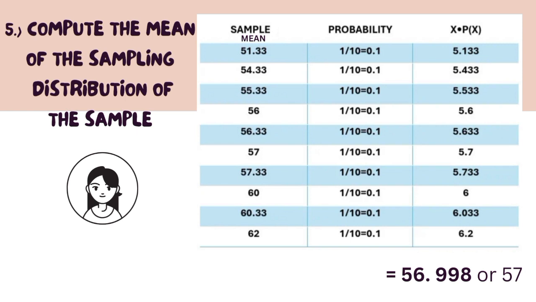So 5.133 plus 5.433 plus 5.533 plus 5.6 plus 5.633 plus 5.7 plus 5.733 plus 6 plus 6.033 plus 6.2 equals 56.998, or 57. Now we have the mean of the sampling distribution.